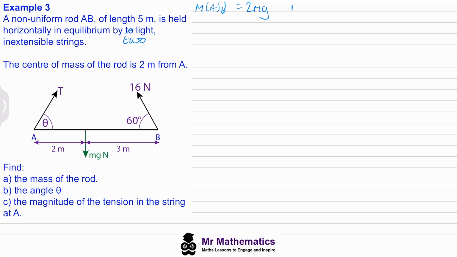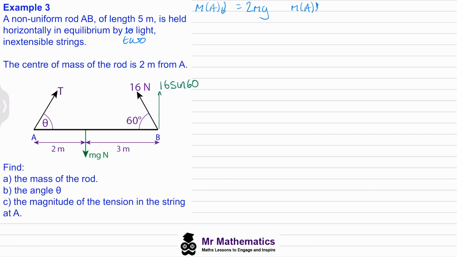The anti-clockwise moment will be the length of the rod multiplied by a vertical force here. And we can work out this force perpendicular to the rod, because using trigonometry, we're looking at the angle which is not contained. So this will be 16 times the sine of 60.